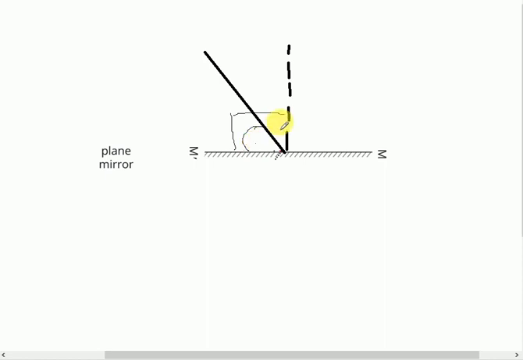So the angle of incidence plus the angle made by the incident ray with the plane mirror will be equal to 90 degrees. 30 degrees plus angle of incidence will be equal to 90 degrees. So the angle of incidence will be equal to 60 degrees.